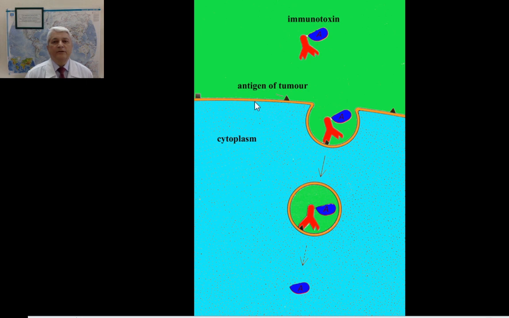And for example, these antibodies can react with specific antigens of tumor cells. So these immunotoxins will find tumor cells in the body of the patient, interact with them, then go inside of the cell, and this toxin kills the pathological cell.